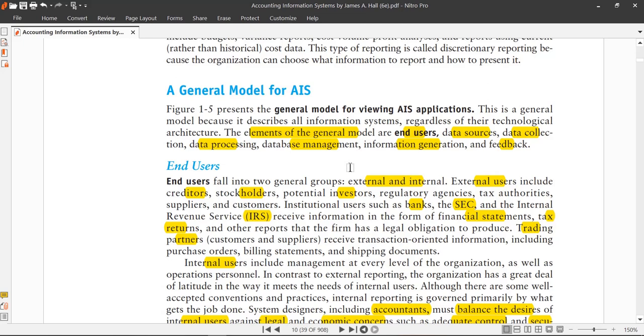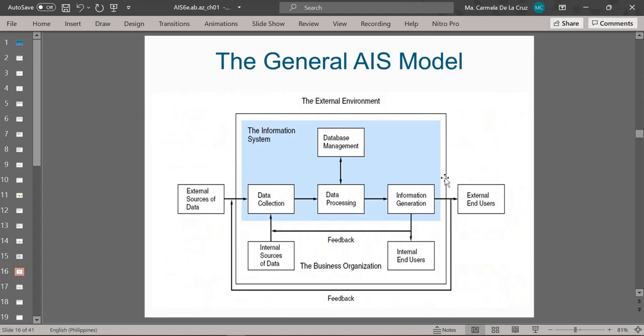Based on the sequence, guys, you'll get it. When you say end user, these are the intended users of our information. As to end user, it could be internal or external.